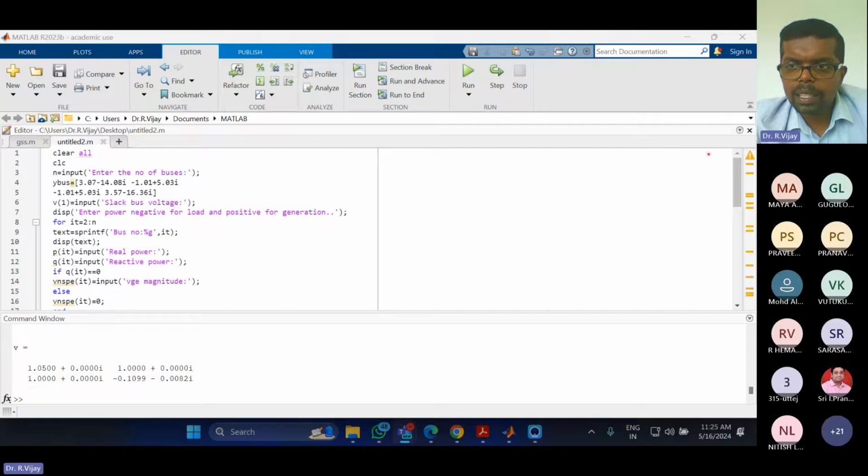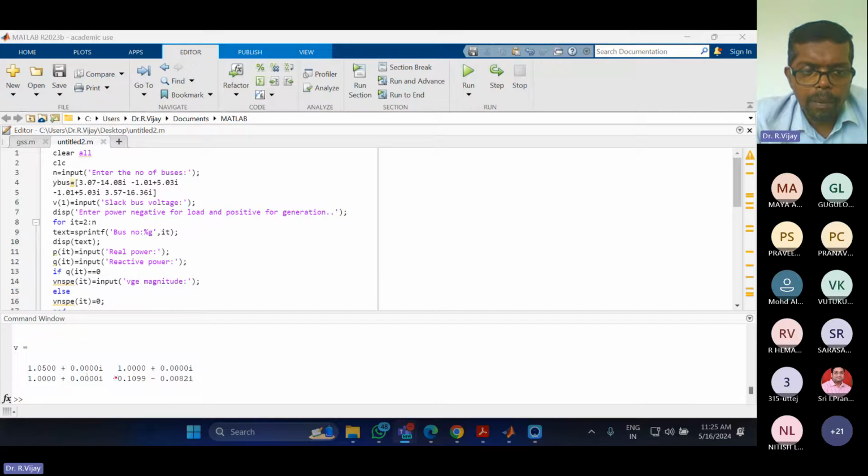Say, for example, this is the load bus. Due to the load influence, since most of the loads are inductive loads, due to the reactive power there will be a slight change in the voltage.